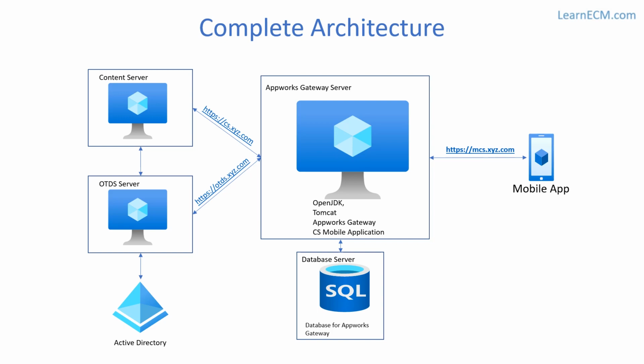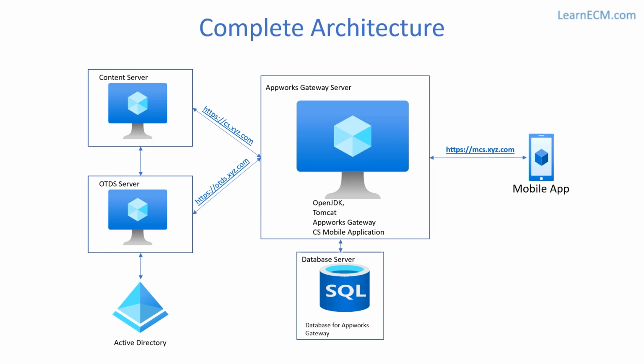This is the architecture that works behind the scenes, and with this implementation users will be able to access the content server in their mobile apps. They will be able to perform various actions like adding and deleting their documents, and accessing their assignments and workflow steps. There are various activities that they can perform.